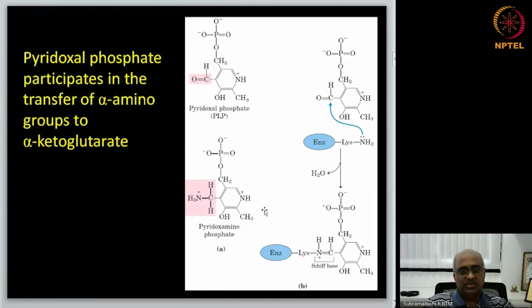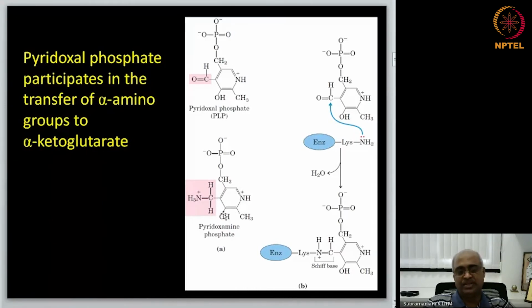Here again you have this conjugated double bond ring structure, which helps in delocalizing electrons, temporarily stabilizing a carbanion, an electron-deficient carbon.